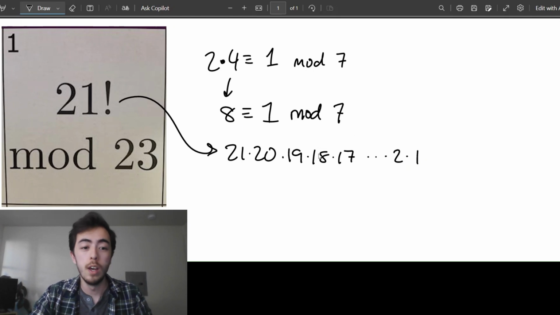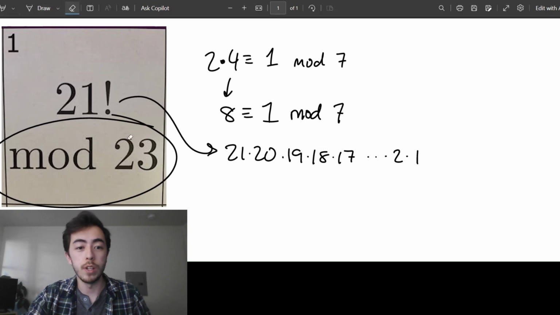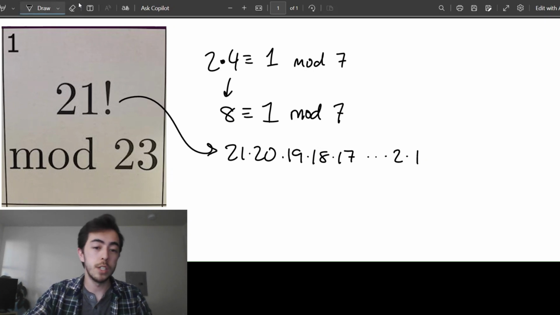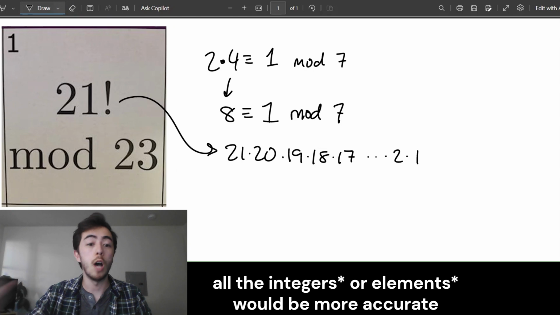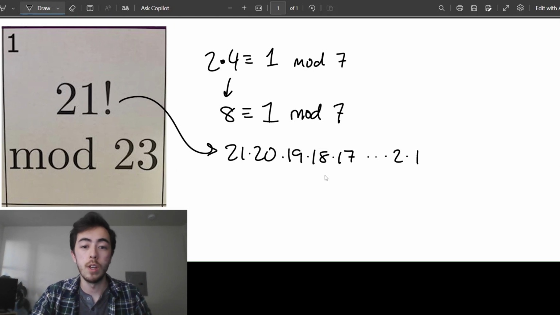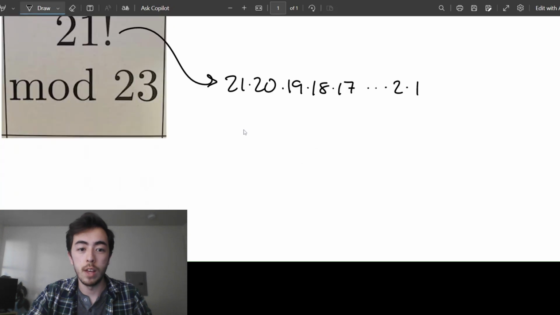So I'm hoping within the system of mod 23, where we have all the digits from 0 up to 22, that I can find inverse pairs, where I pair these up and I get numbers that essentially equal 1 in this system. I know that 24 is congruent to 1 mod 23.